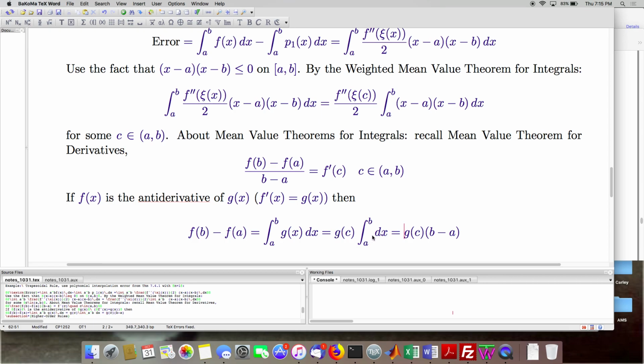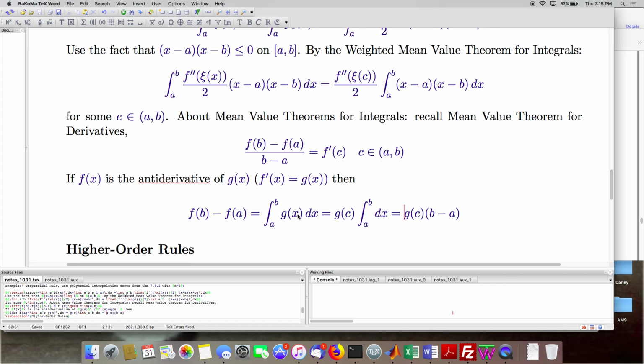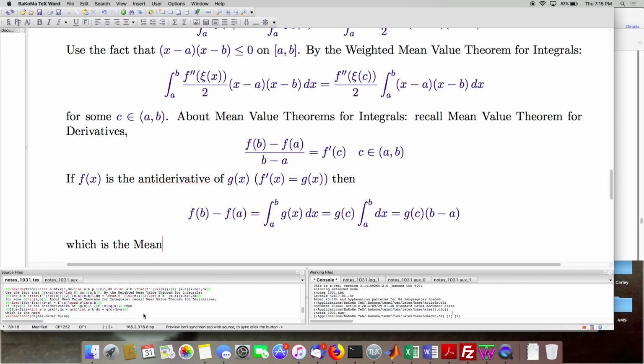But the integral of 1 from a to b is b minus a. So this is g of c times b minus a, which is the mean value theorem for integrals. So it's really another way of looking at the mean value theorem for derivatives.